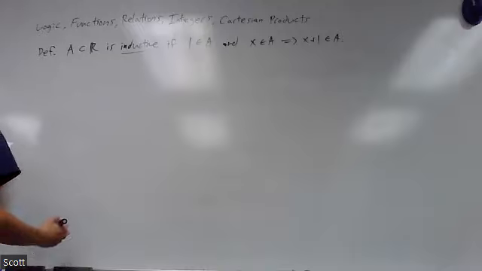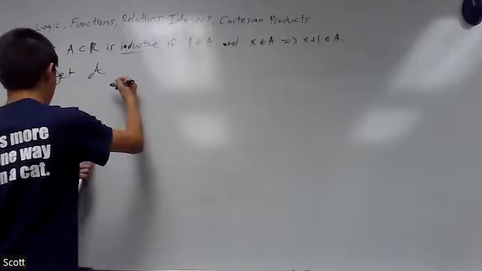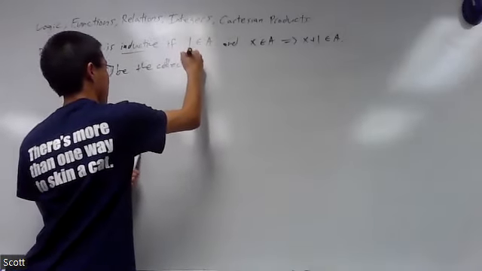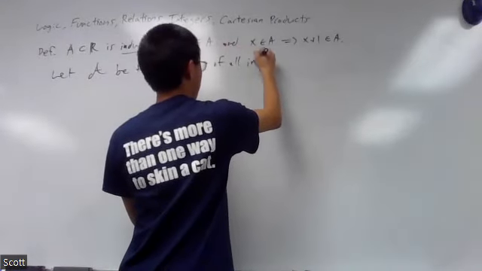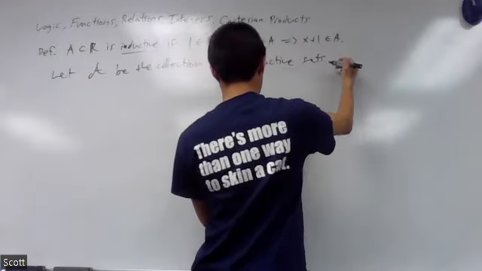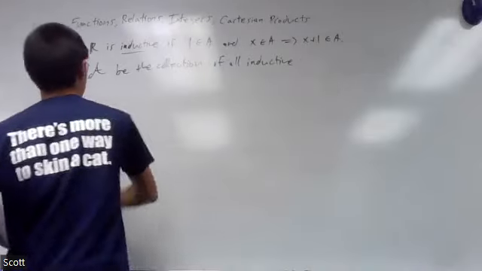And so if we have script A be a collection of all inductive sets, or well, I'll call them inductive subsets because that more accurately describes what's going on over here.